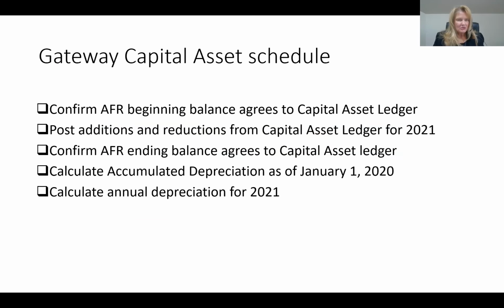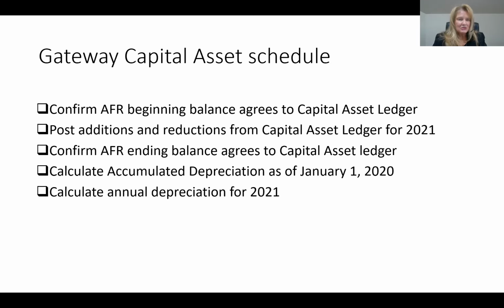All right. So just overall, when it comes to the Gateway Capital Asset Schedule, you're going to want to confirm that your annual financial report beginning balance agrees to the capital asset ledger. That's that first box for non-depreciable assets and the second box for depreciable assets should match your capital asset ledger amounts.